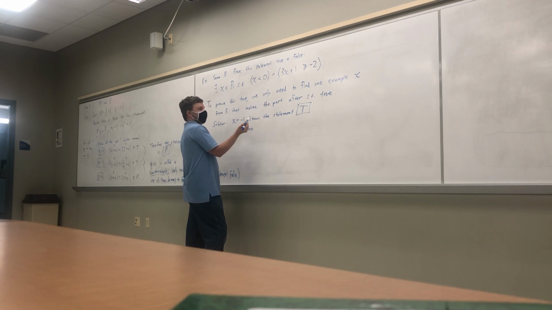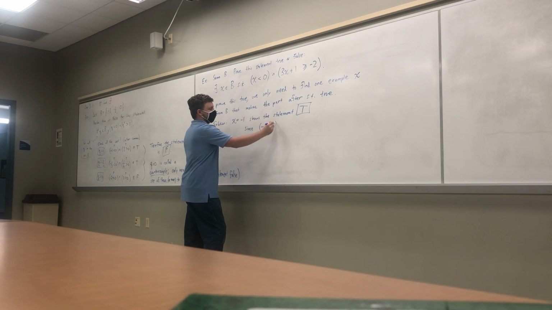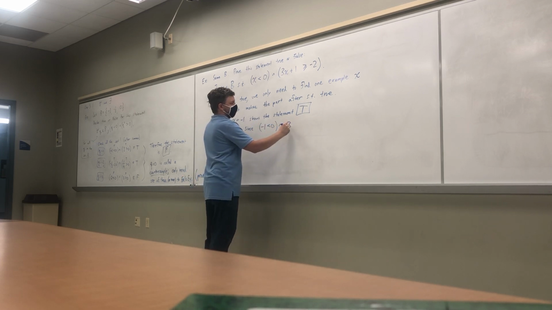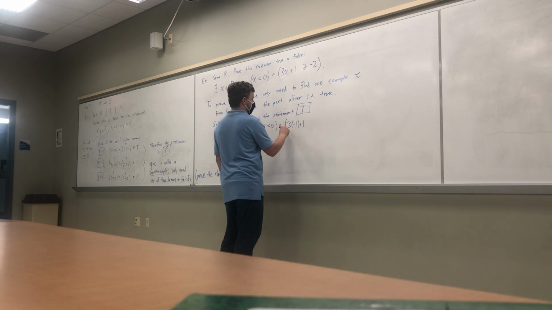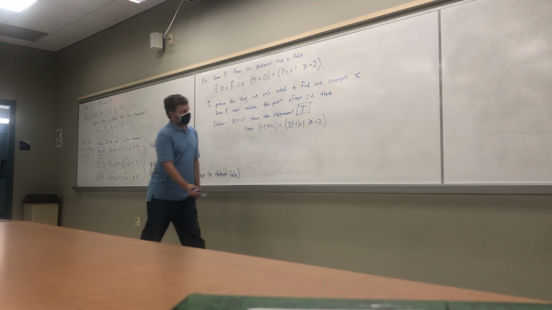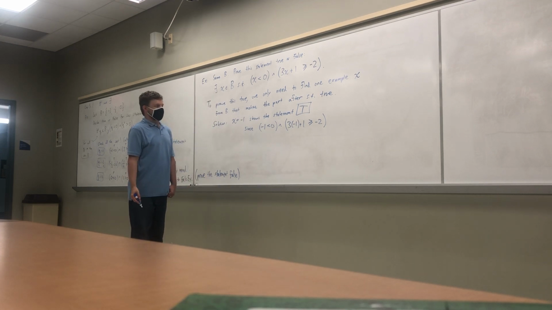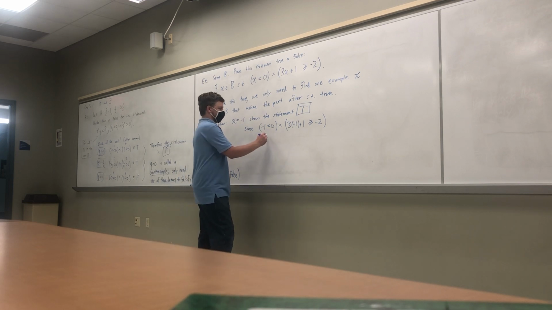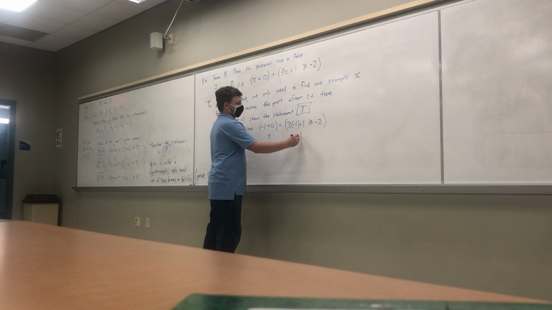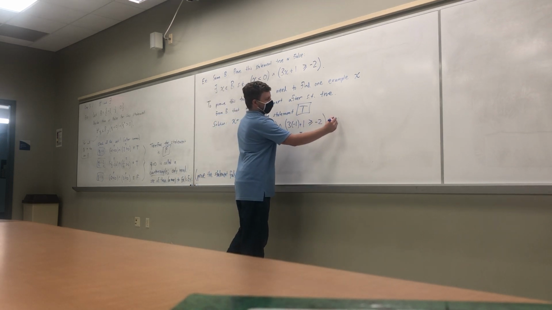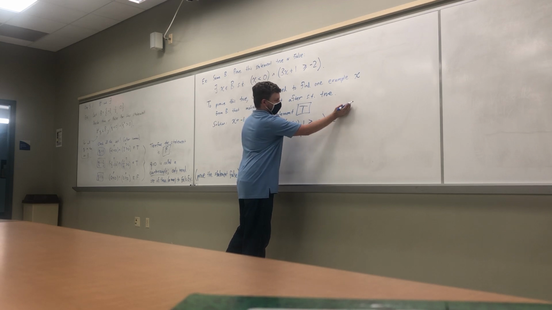Since the part after the such that is -1 less than 0, and 3 times -1 + 1 greater than or equal to -2, and that's -2 greater than or equal to -2. So that's true, and that's true. So that's equal to true and true, which is true.